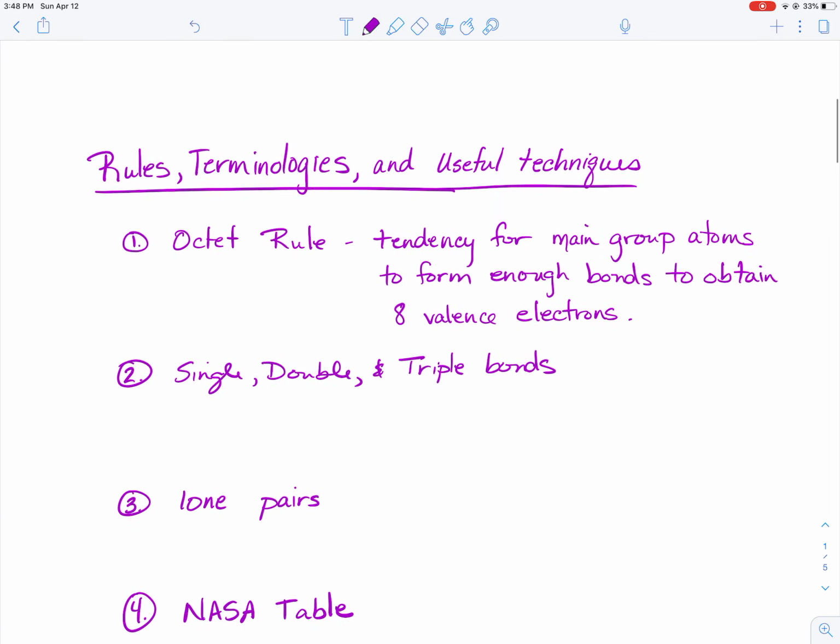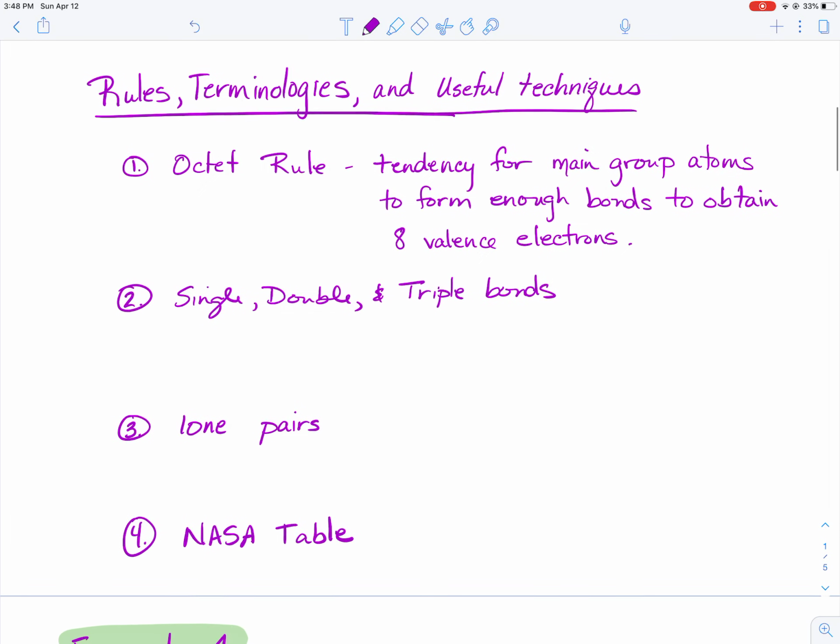There are a few rules and terminologies and even useful techniques that we use to help us actually draw Lewis structures, and I want to talk about this just really briefly at this point.